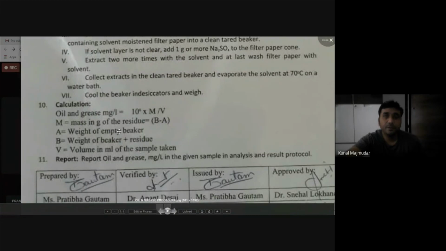A is the weight of the empty beaker, 100.055 grams. That is your M, M is B minus A. And what is V? V is the volume in ml of the sample taken. How much sample did you take initially? 100 ml. So V is 100 ml. Oil and grease is M, that is B minus A, into 10 raised to 6 divided by V. That will be the quantity of oil and grease present in milligram per liter.